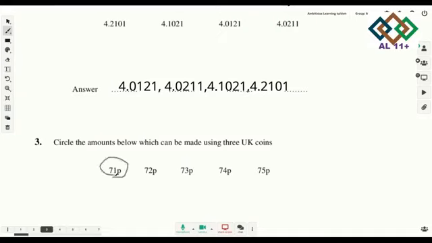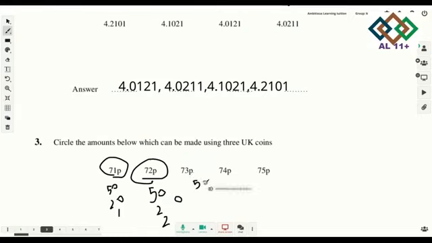If I have to make 71p, I would be taking 50p, 20p and 1p. If I want to make 72p, I would be making by 50, 20 and 2. The next one, 73, again I would be making by 50, 20, 2 and 1.